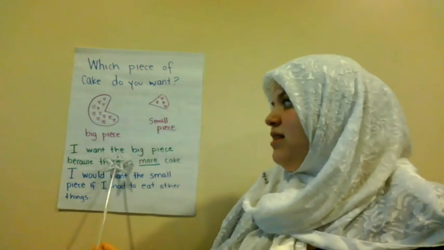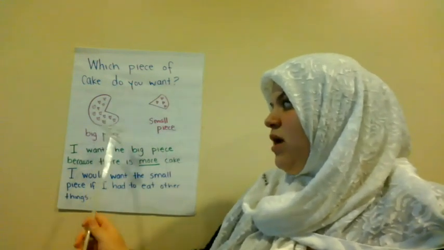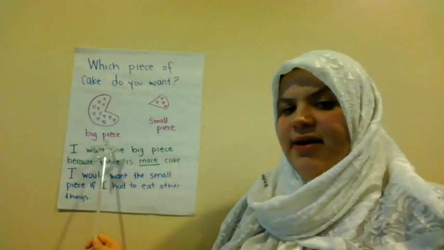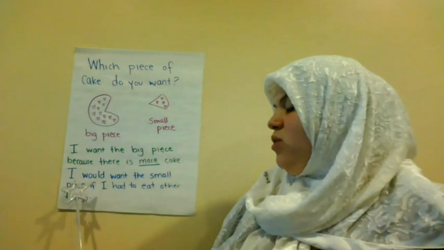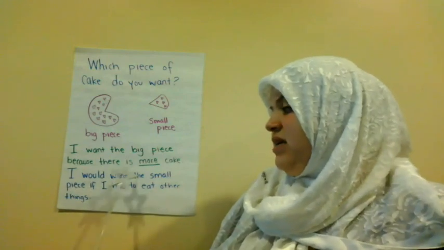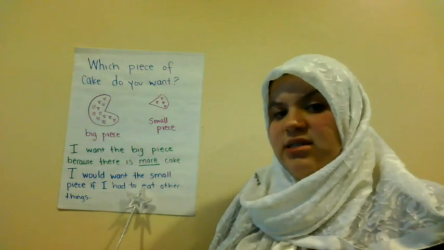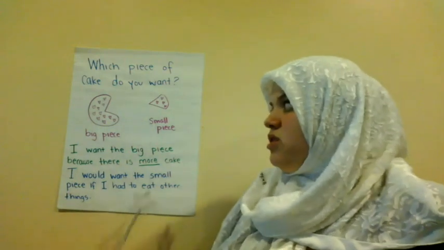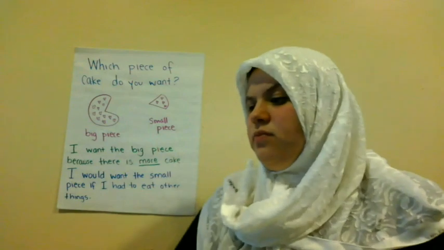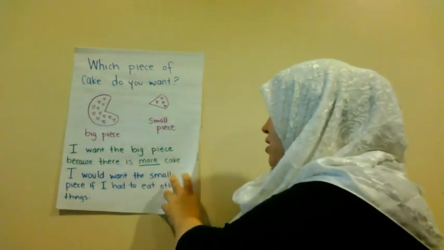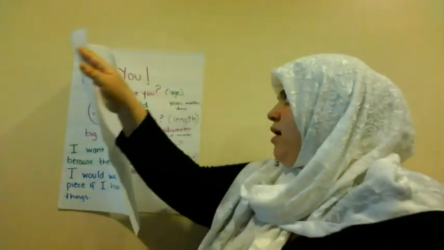So I want the big piece, which is this one, because there is more cake. If you would want the small piece, that means you probably want to leave room to eat other things, okay? So this was poster number 2. I'm going to take down my poster number 2.